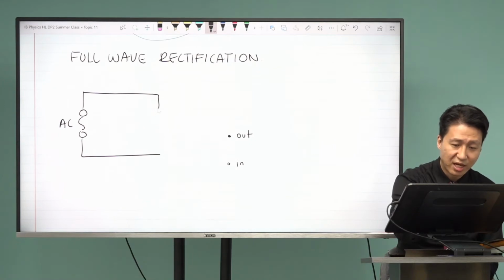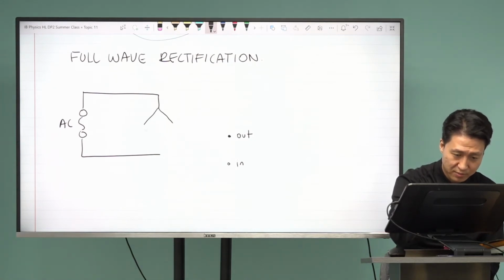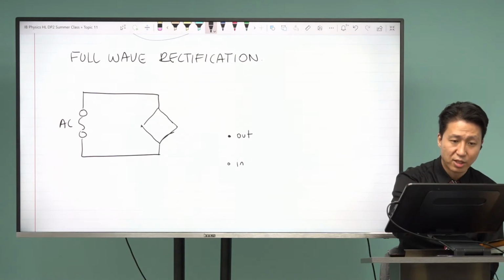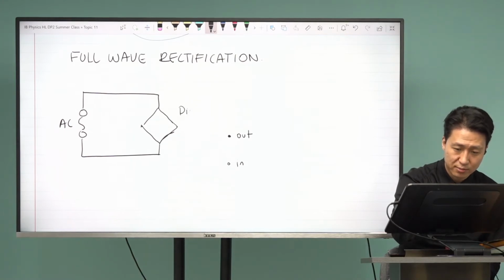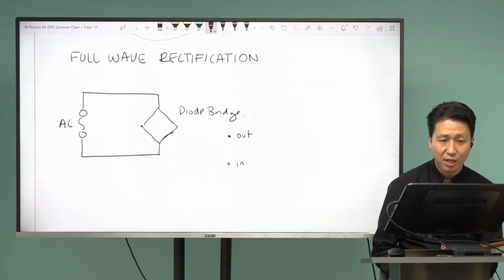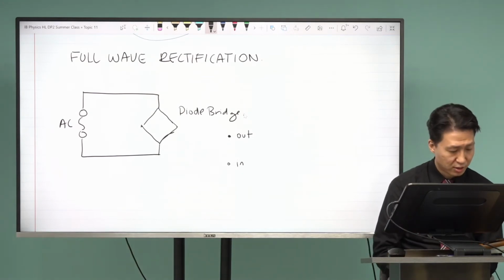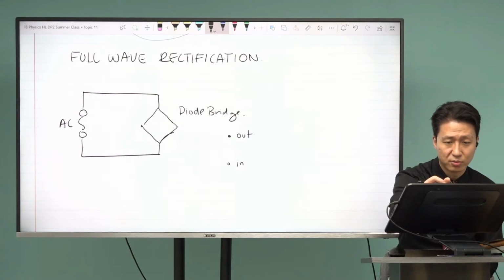And we're going to have a diamond configuration. Like that. We call this a diode bridge. Right? On this diode bridge, you're going to have diodes.